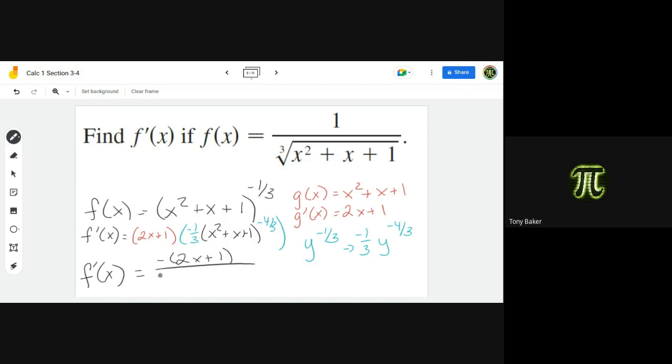And then on the bottom will be 3 cubed root of x squared plus x plus 1 to the 4th power. You could have left it as x squared plus x plus 1 to the 4/3 power. That would have been fine as long as it's on the bottom.